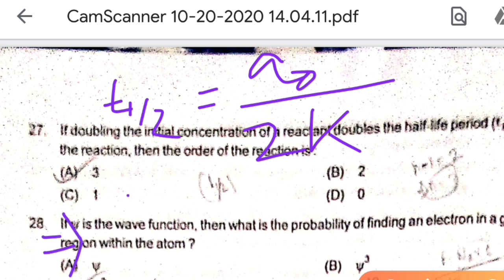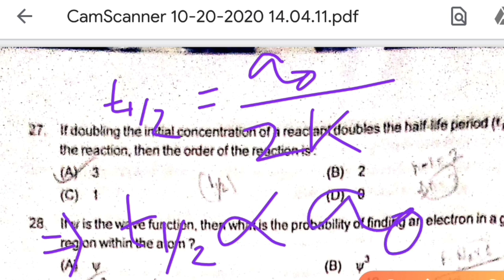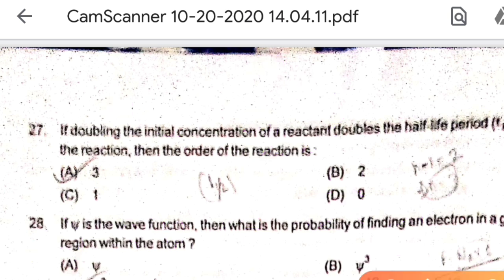That implies T half is directly proportional to A naught. So your half-life for a zero order reaction is directly proportional to its initial concentration. So if you are increasing your initial concentration, then your half-life will also increase the same times. So if you are doubling the initial concentration of the reactant, then its half-life will be doubled. So question number 27, the correct answer will be D. That is, this will be a zero order reaction.